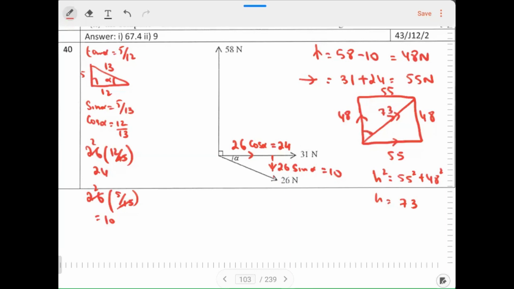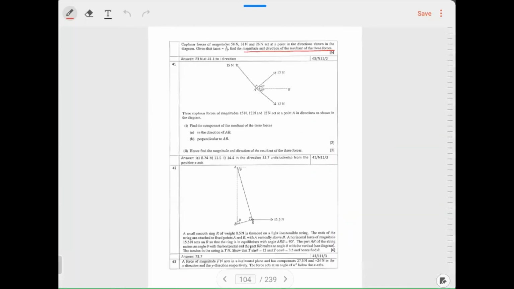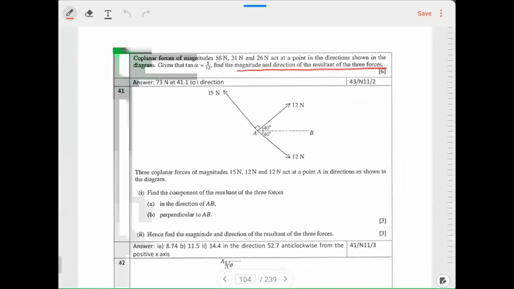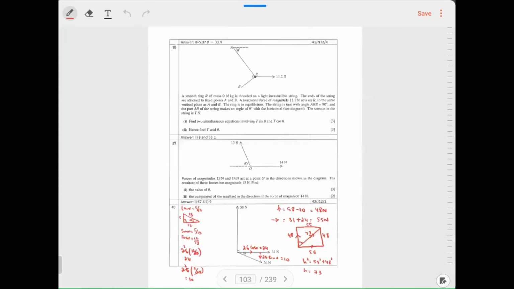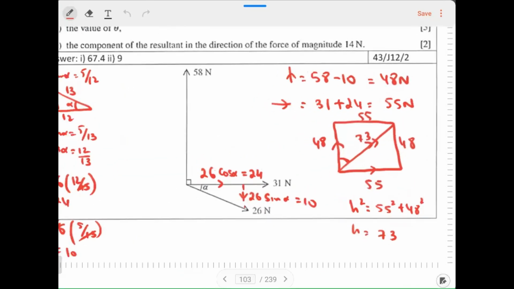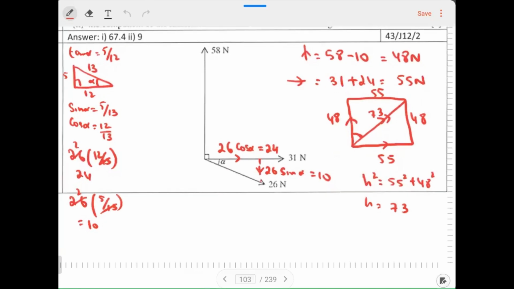It is always advisable to give the angle with the bearings until and unless the question has said with the horizontal. So if the question has specified something, follow it; if the question does not specify, it is better to give it in the form of bearing. When the question does not specify, always give answers in it. If the question says with the horizontal, then give the horizontal.